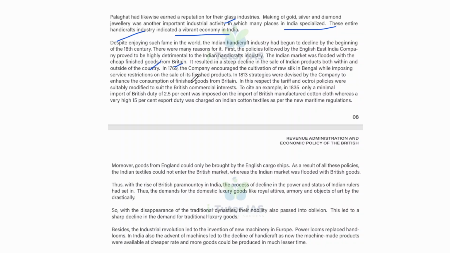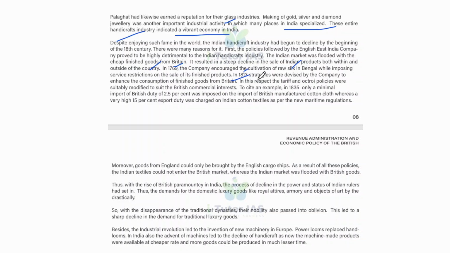And in 1769, the company encouraged the cultivation of raw silk in Bengal while imposing severe restrictions on the sale of its finished products. And in 1830, strategies were devised by the company to enhance the consumption of finished goods from Britain.